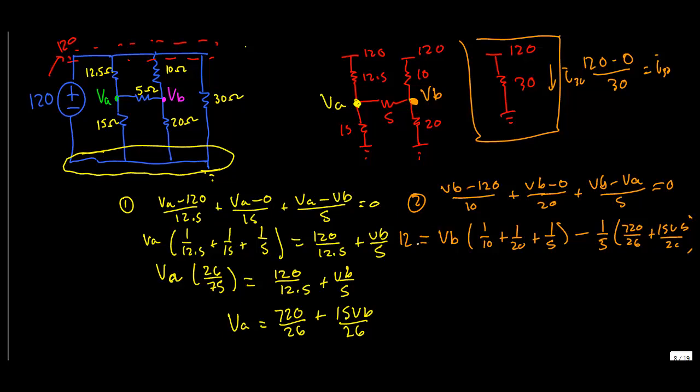Okay, so basically what we get on this number here is VB, so we got 1/10 plus 1/20 plus 1/5 is 7/20. So we got VB times 7/20, and then minus this stuff over here, and we said that was equal to 15 VB over 26.